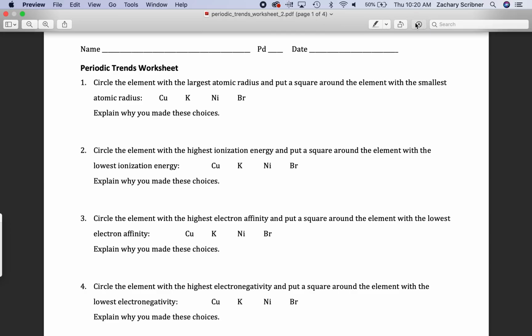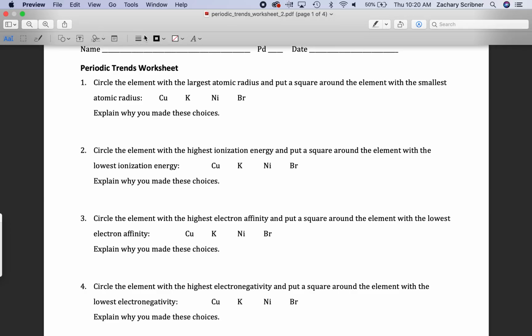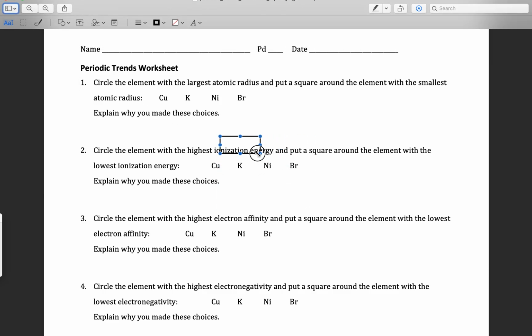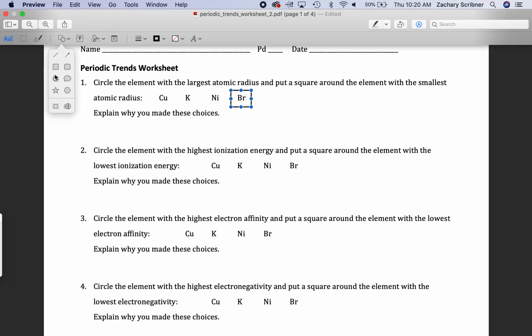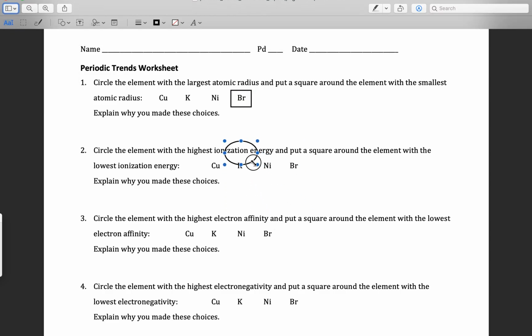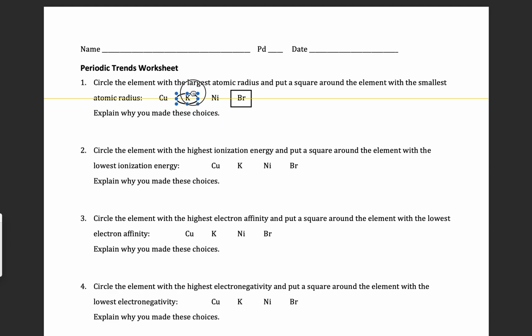So if I was going to do this myself, I would square bromine, and then I would take a circle around potassium. Not the best circle, but it works for the purpose.